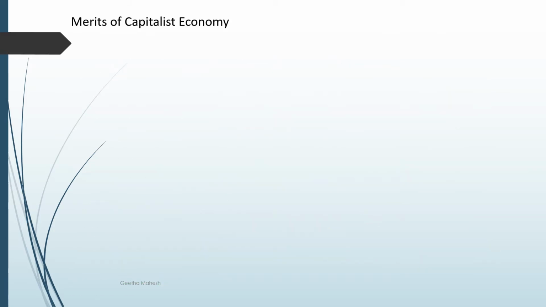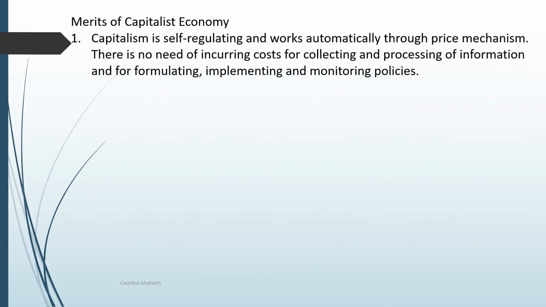Now let us discuss merits of capitalist economy. Dear students, you know capitalist economy is self-regulating and it works automatically through price mechanism. There is no need to incur cost for collecting, processing of information and even for formulating, implementation and monitoring of policies.